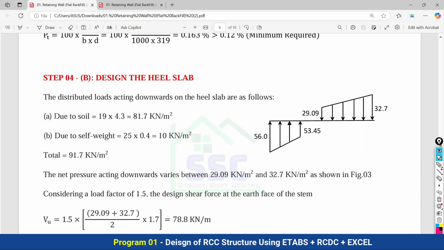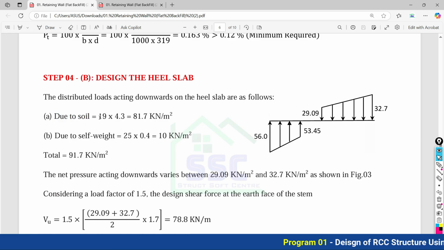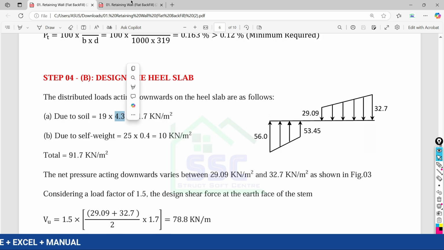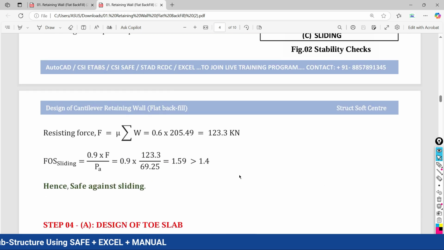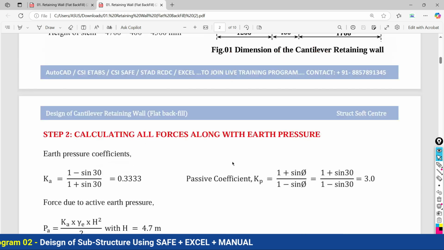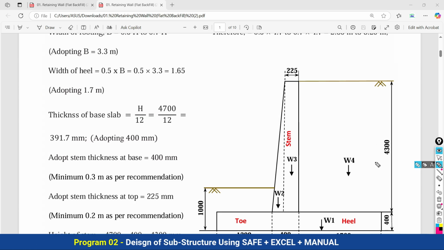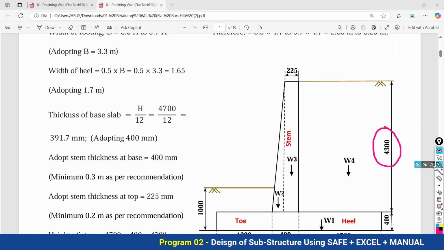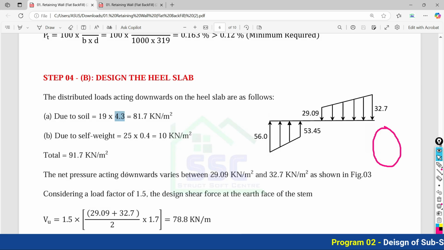As you can see, due to the soil, the unit weight of the soil is 19 kilonewton per meter cube, and the height of the soil above the base of the retaining wall is 4.3 meter. So that is going to be considered in your calculation.